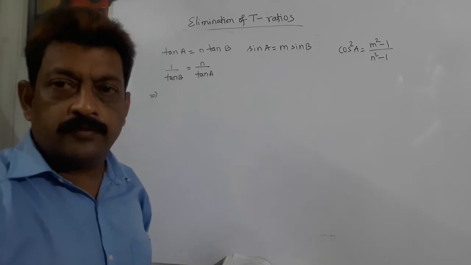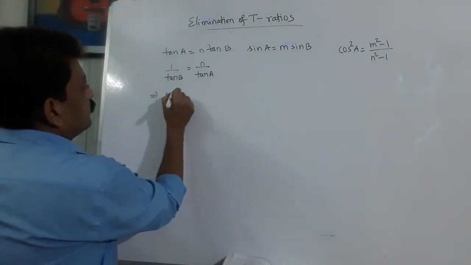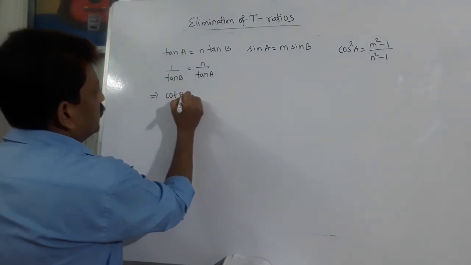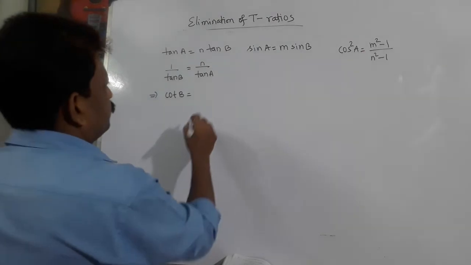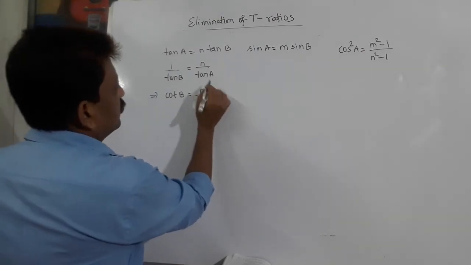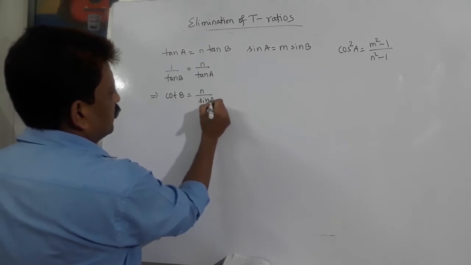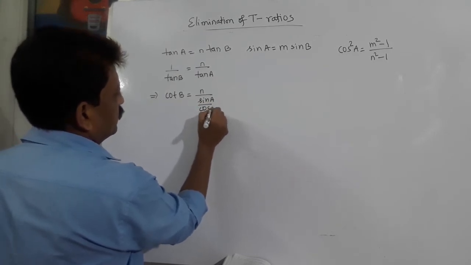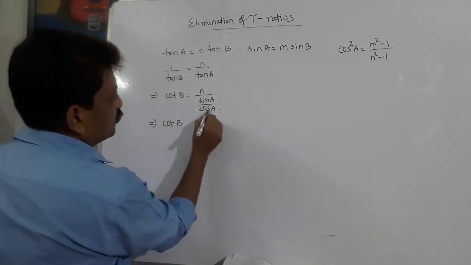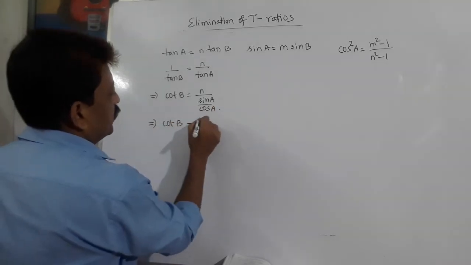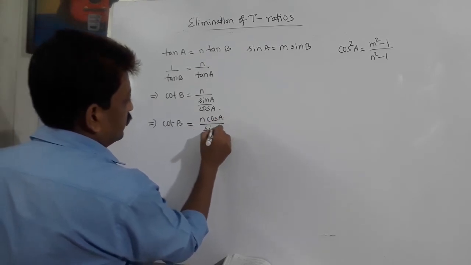That is cot B. Okay, reciprocal of tan is cot, so it will be cot B equals to n. Tan A can be written as sin A upon cos A. In other words, we can say cot B is equals to, this cos A will go to the numerator, it will become n cos A upon sin A.